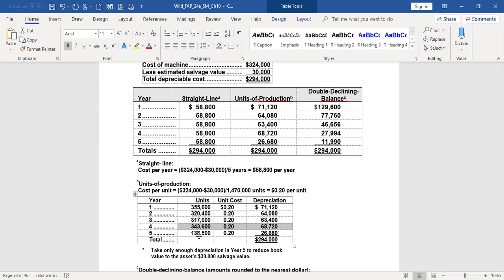Why am I only getting 133,400? 355,600 the first year, 320,400 the second year, 317,000 the third year, 343,600 fourth year. It's going to produce a total of 1,470,000.